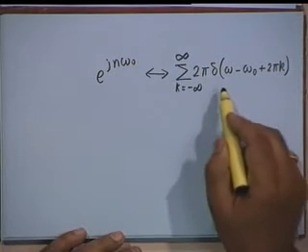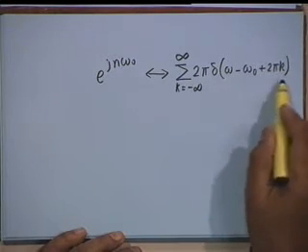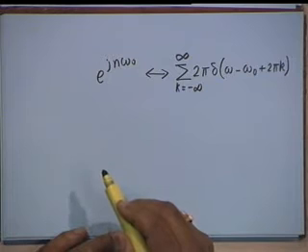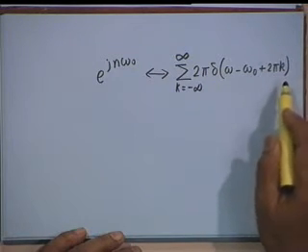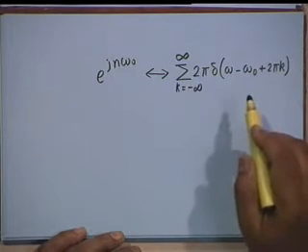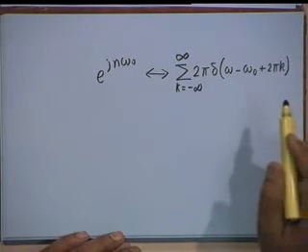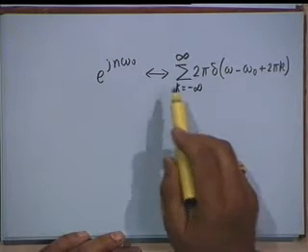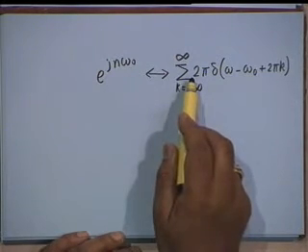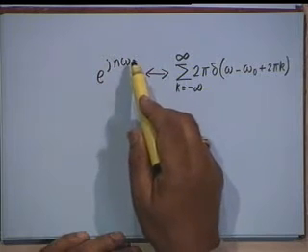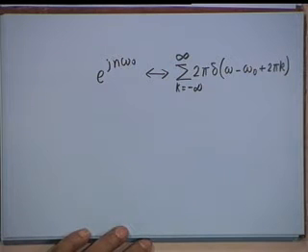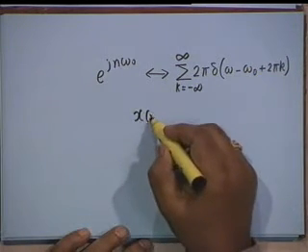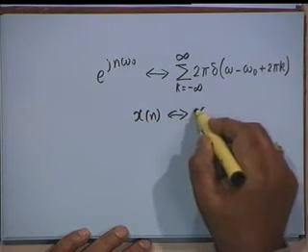E to the j n omega 0 contains a chain of delta functions at omega 0, omega 0 plus 2 pi, omega 0 minus 2 pi, and so on and so forth. Proving this in the straightforward manner, that is, you take this function and find its Fourier transform, is not easy. You have to bring in the theory of distribution. But as you know, Fourier transform is a one-to-one transformation.